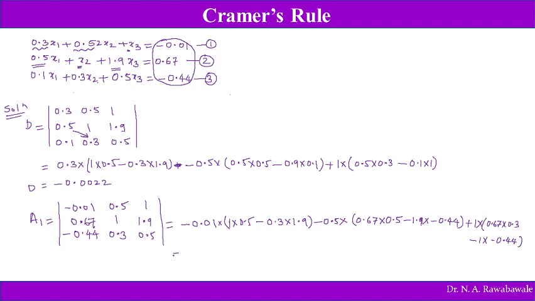On simplification, we get 0.03278. So this is A1.